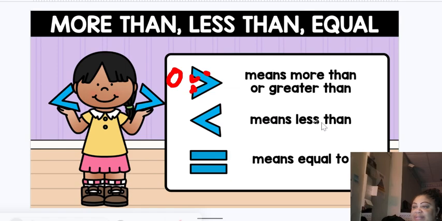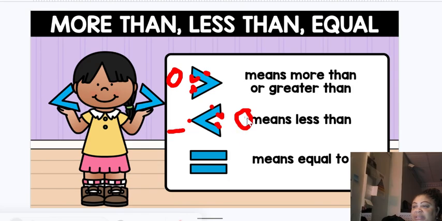The less than symbol is pointing to the less than object, but it's still eating the big number on this side. See that? It's still going to eat the big number on this side, but this is going to be the less than number right here, okay?